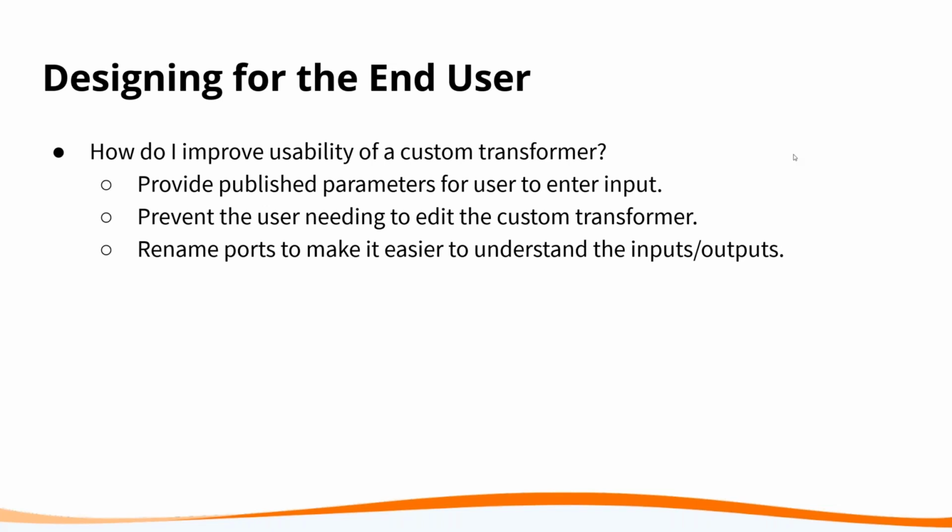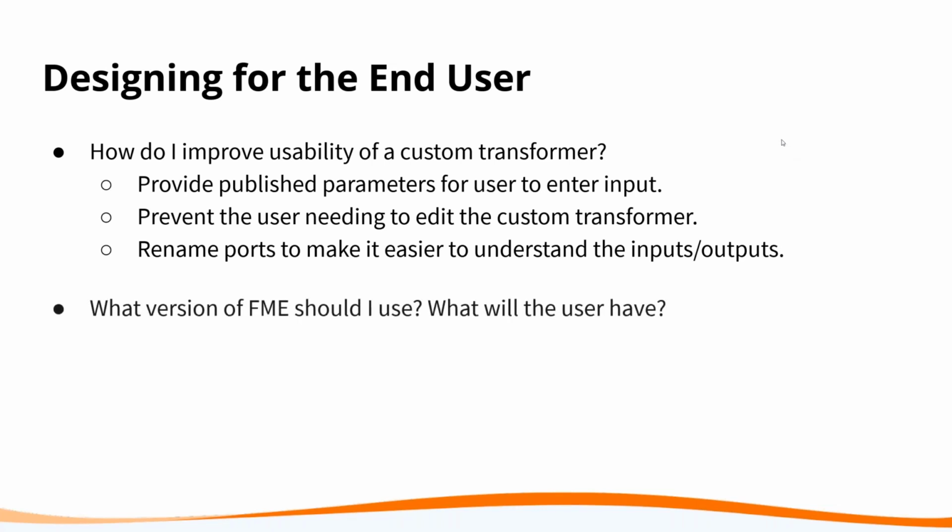But all of the transformers in FME try to tell you what data is required to come in and what is required to go out, or what does come out. The other question is, what version of FME should I use? Because a user can't use your custom transformer if they've got an older FME.